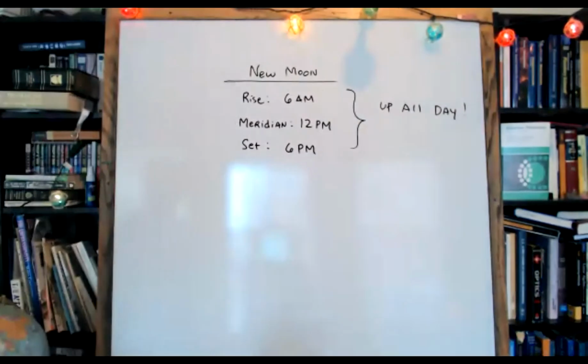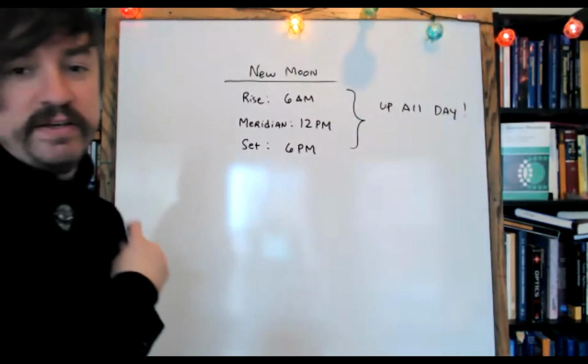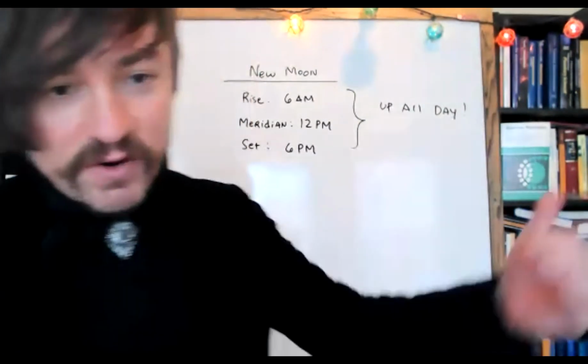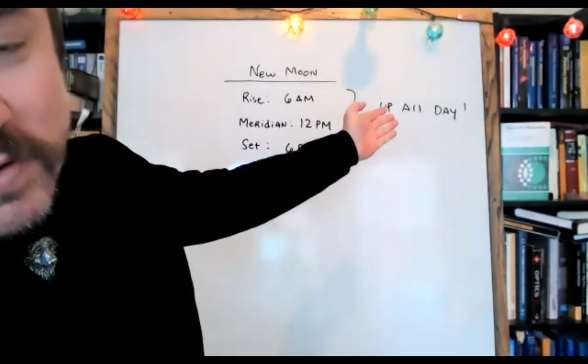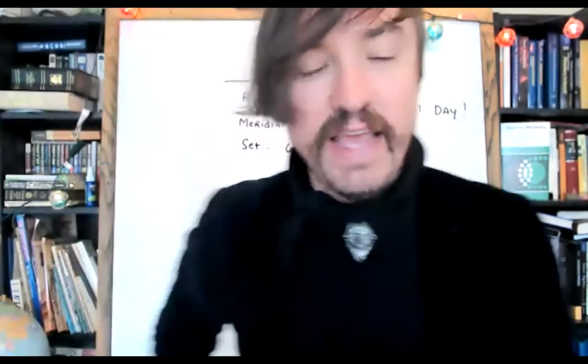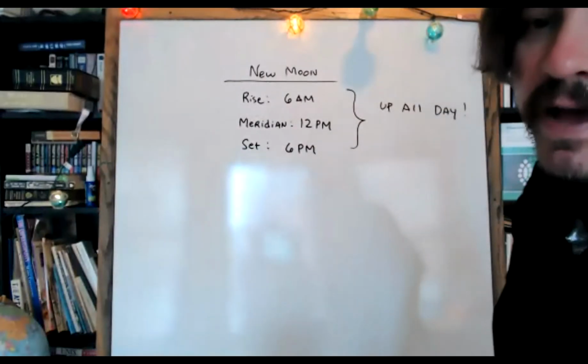That's one of the reasons why you do not see the new moon. Not only are you looking at the dark side of the moon, the unilluminated side, but it's up during the day when it becomes very difficult to see anything because of the blue sky.